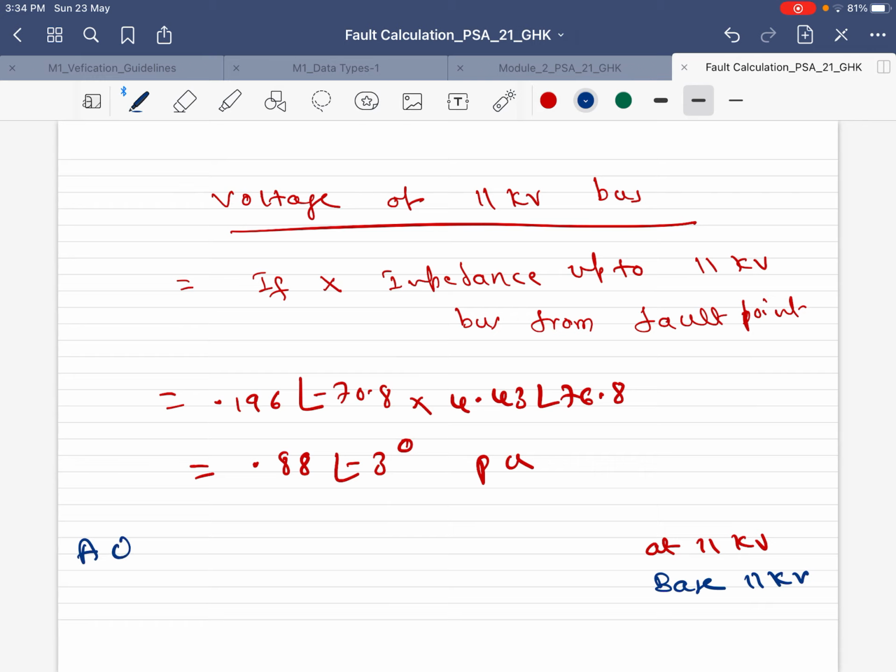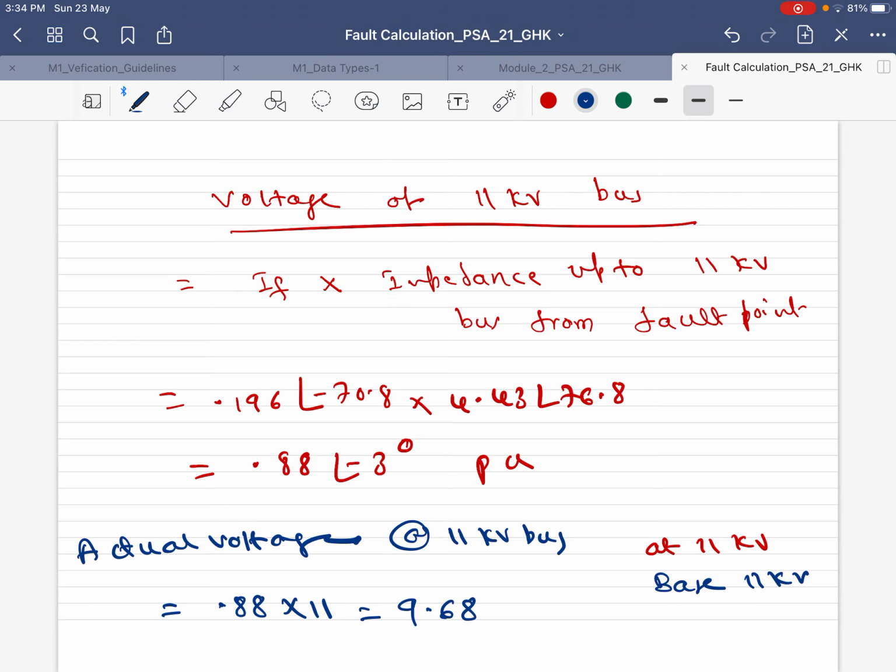Therefore, your actual voltage at the L1 kV bus is equal to 0.88 multiplied by L1, which gives 9.68 kilovolts. This is the voltage when the fault occurs at the terminals of the cables. This is how we have to find the solution for the given numerical.